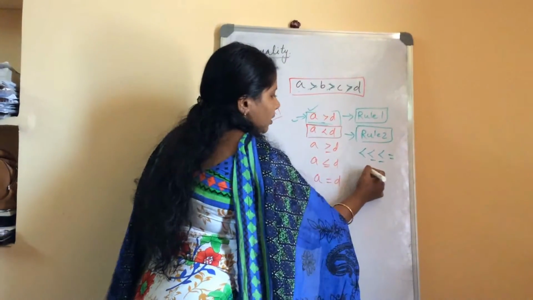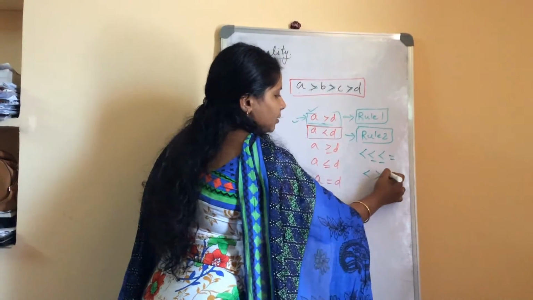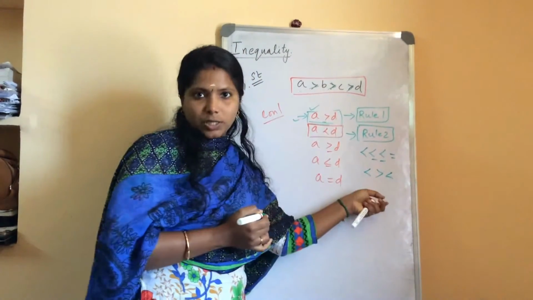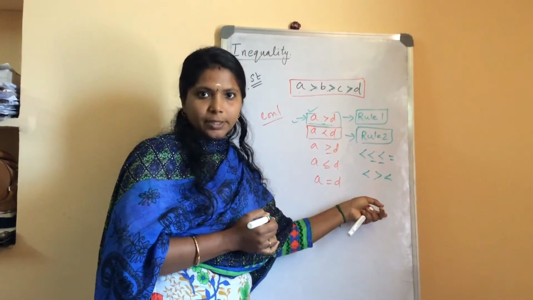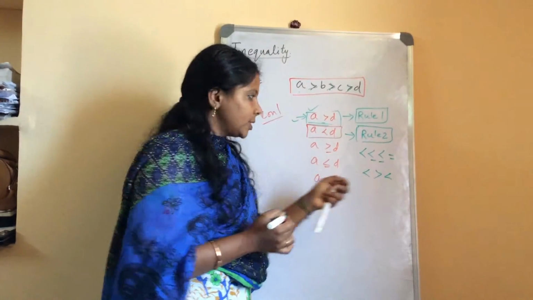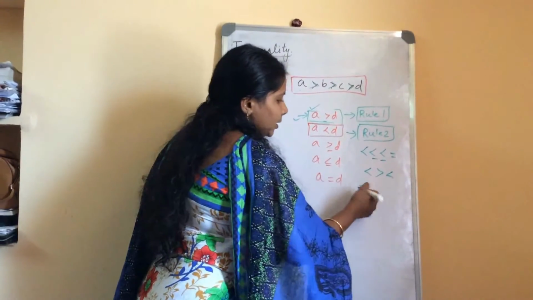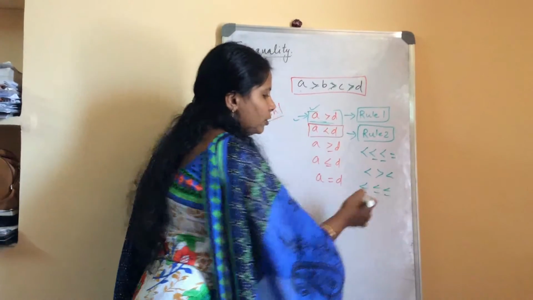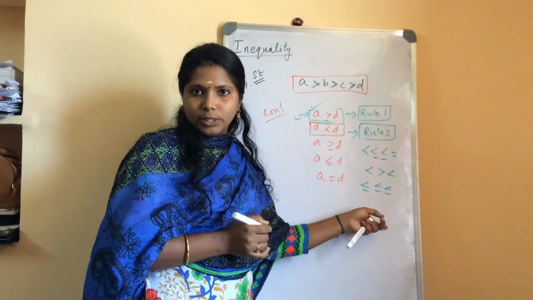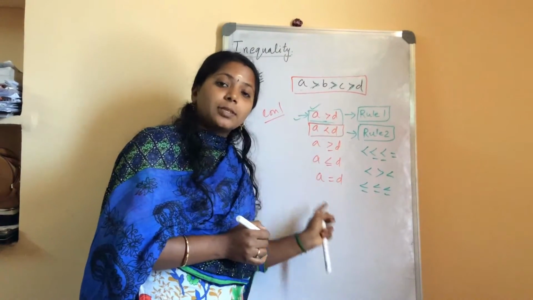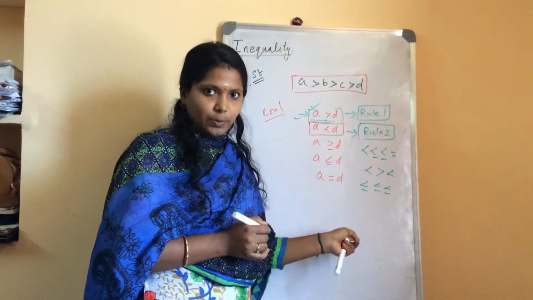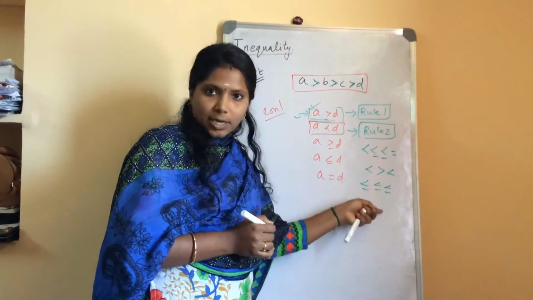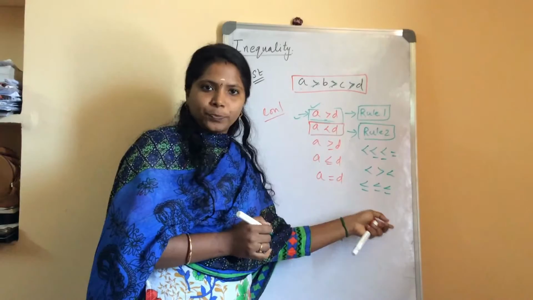In between, if you have less than and greater than, this type of statement, then the conclusion will be false. And if the statement altogether follows the less than or equal to symbol, then this comes in rule number 4, which I will be explaining later, and this conclusion also will be false.